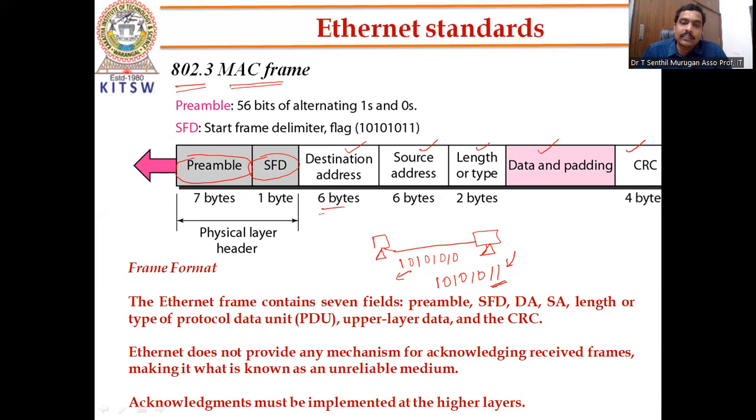The destination address is represented with 6 bytes. Just remember those things. And Ethernet does not provide any mechanism for acknowledgement. If any frames are received or not, there is no acknowledgement mechanism in Ethernet. It is only the layer control or access control that will be there.